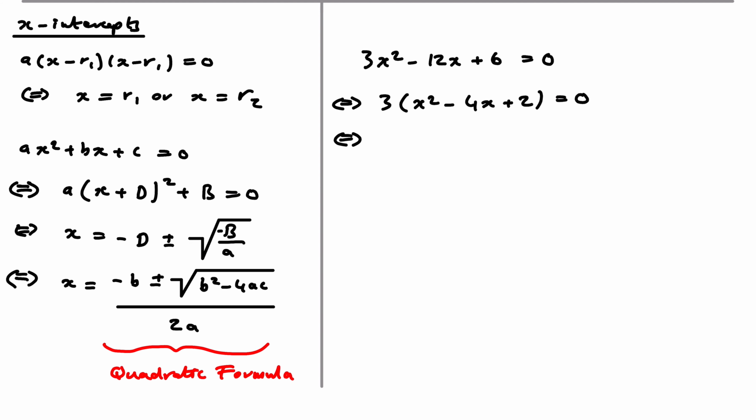If and only if, okay, so now I've got to go through the business of completing the square. So this would have to be 2d. So d would have to be equal to what? It would have to be equal to minus 2.